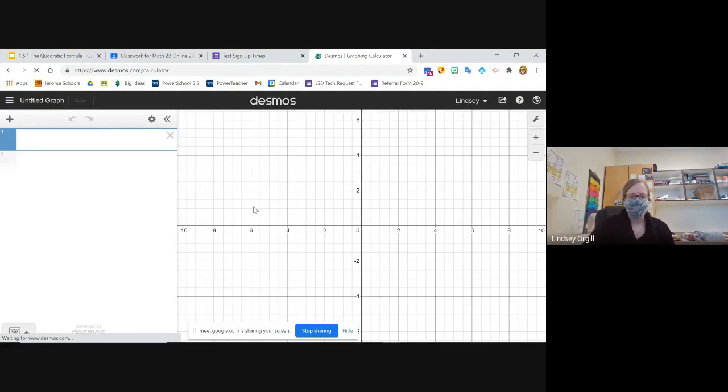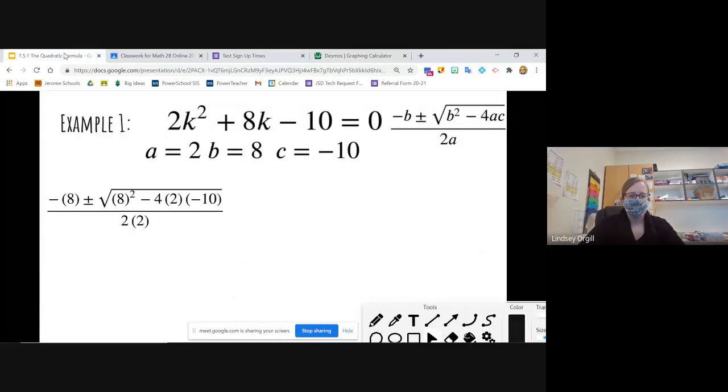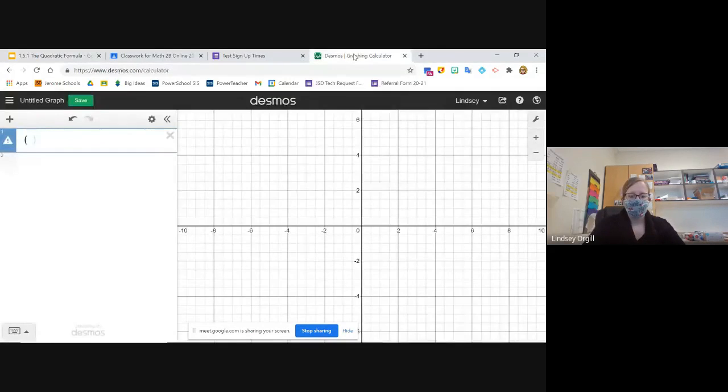So I'm plugging this in the calculator, and I'm typing the parentheses just like it is in the formula. So I'm going to type 8 squared minus 4 times 2 times negative 10. And I get that to be 144.